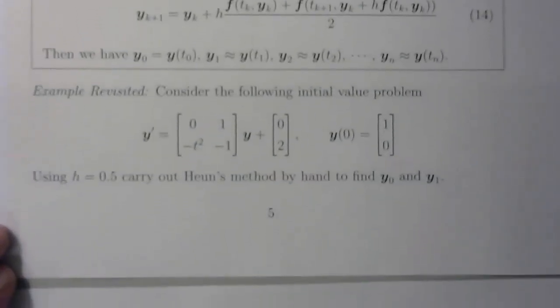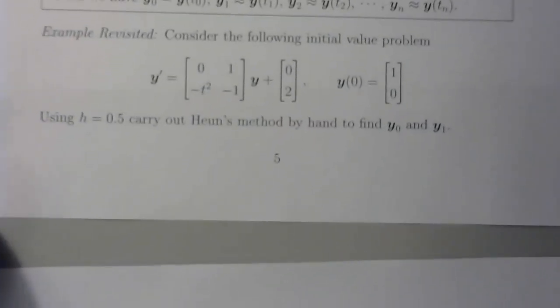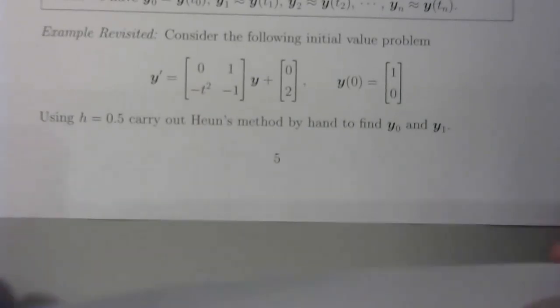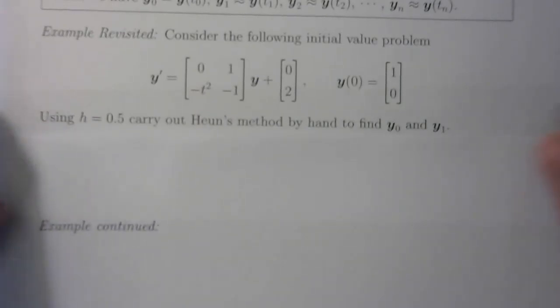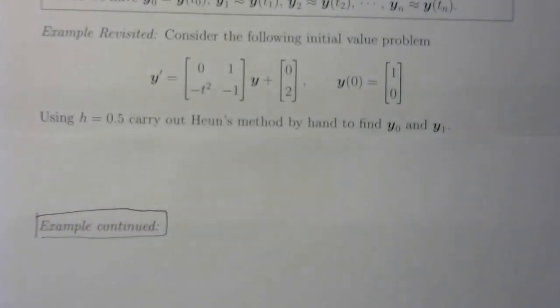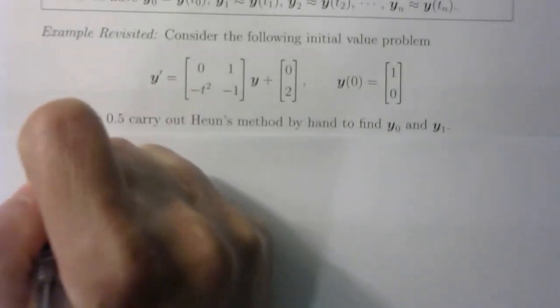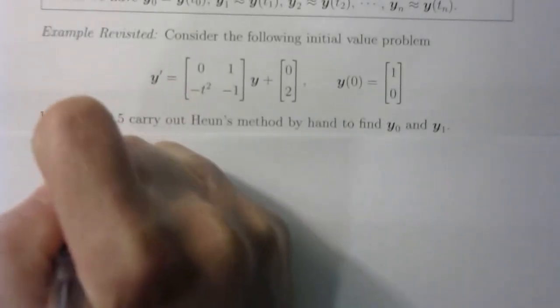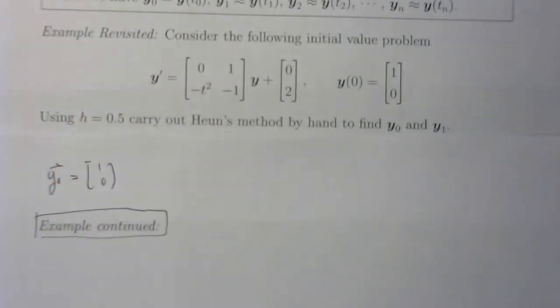And I'll be starting on the next page in your notes here. There we go. Start up here. Okay. So my y naught is all going to be the same, right? This guy's going to be 1, 0.